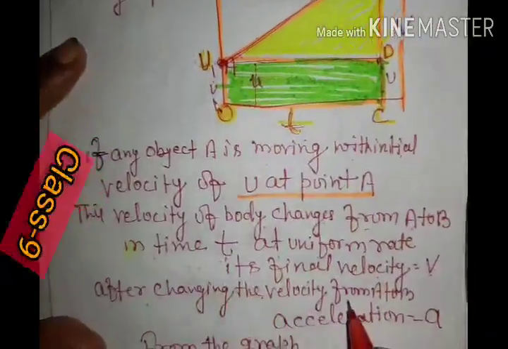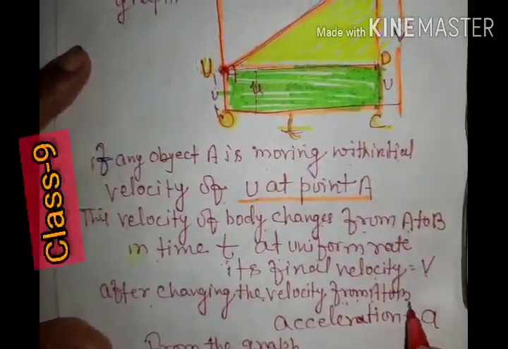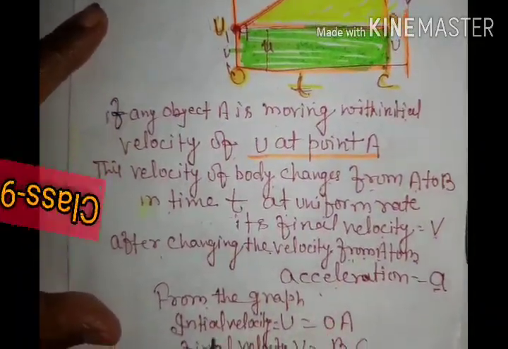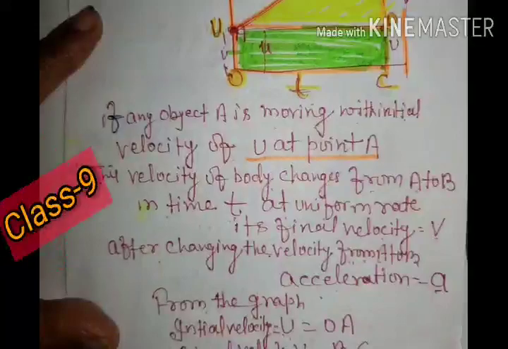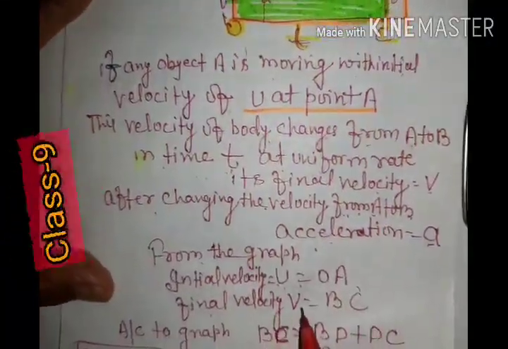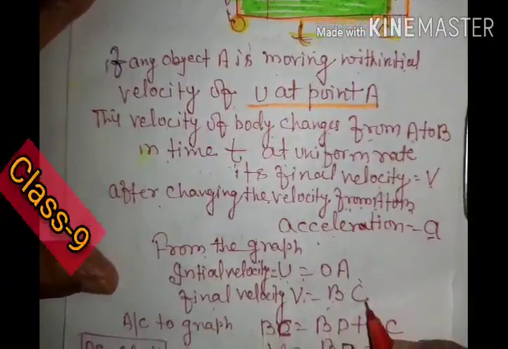After changing the velocity, the acceleration is a. From the graph, initial velocity u is equal to OA and final velocity v is equal to BC.